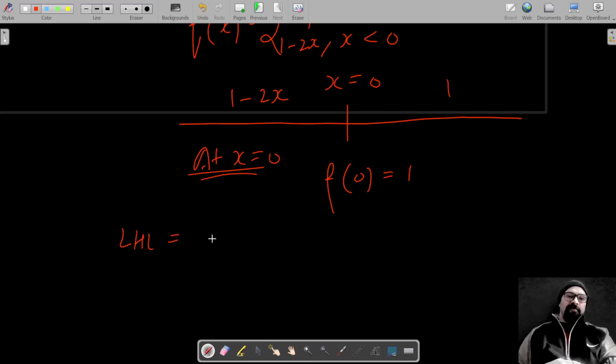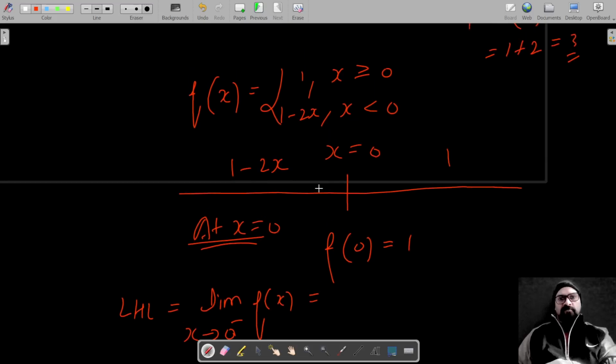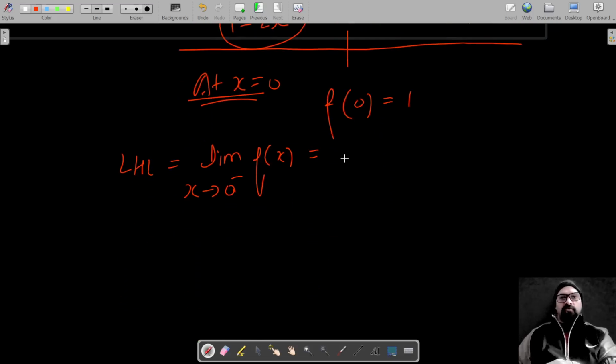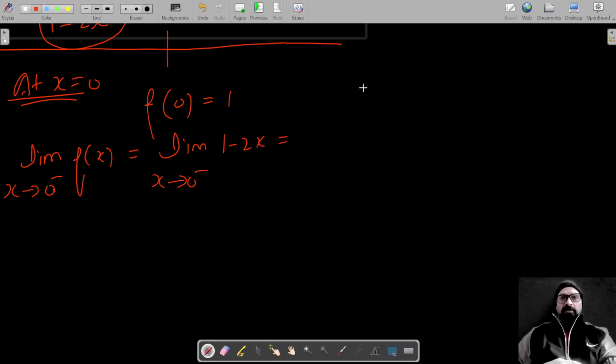Now let's check its left hand limit. So left hand limit is limit x tends to 0 negative f of x, and the value of the function for x less than 0 is 1 minus 2x. So this is limit x tends to 0 negative of 1 minus 2x. Let's say now that x is equal to 0 minus a small value h.